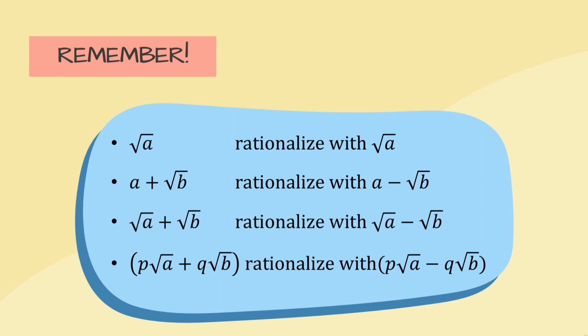And the last one, b times the square root of a plus k times the square root of b in the brackets, rationalize it with b times the square root of a minus k times the square root of b in the brackets.